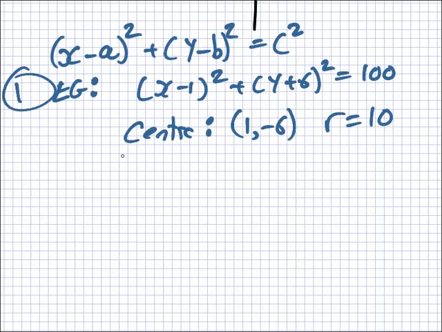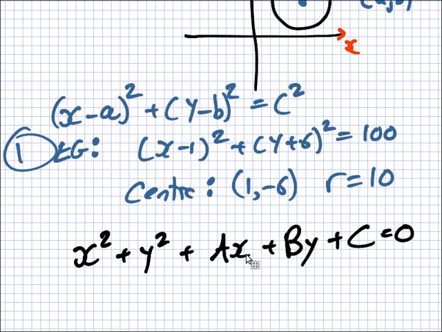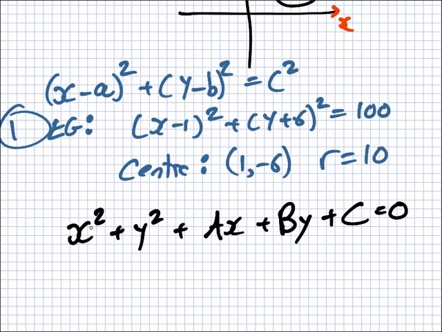Now the second way to represent a circle is with an equation that looks like this: x squared plus y squared plus ax plus by plus c equals 0. This way is not as useful as the first representation.